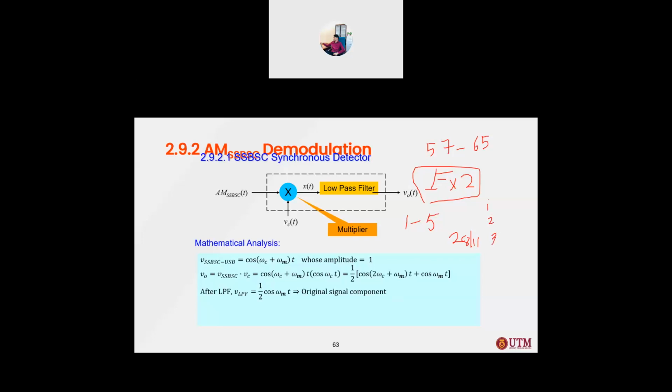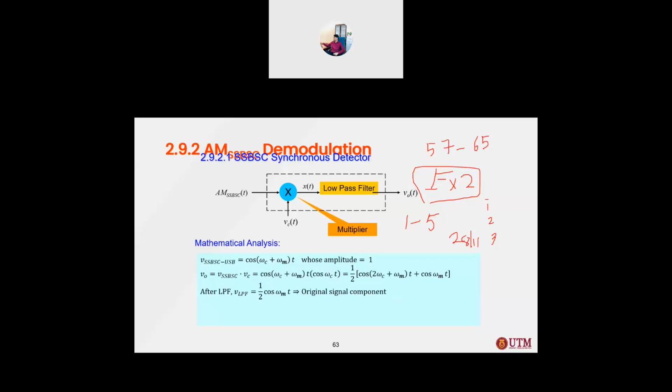But for your test, please try to do exercise number 1 and number 2, and number 3.